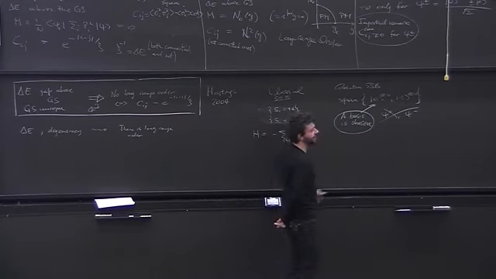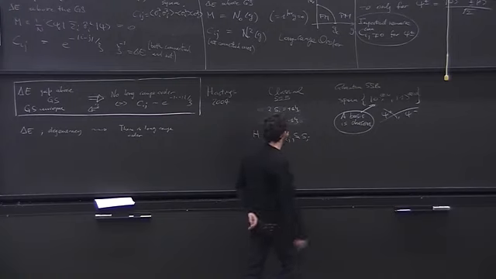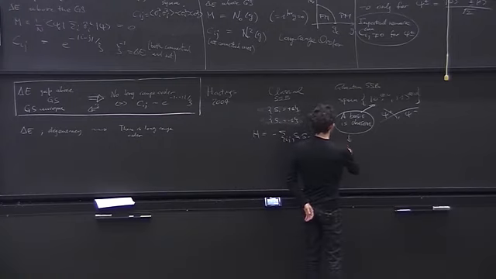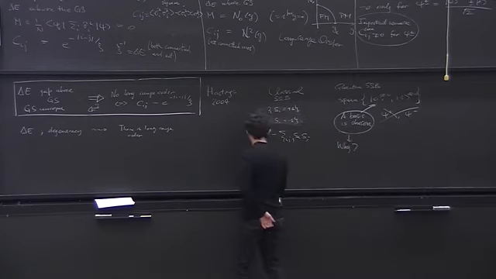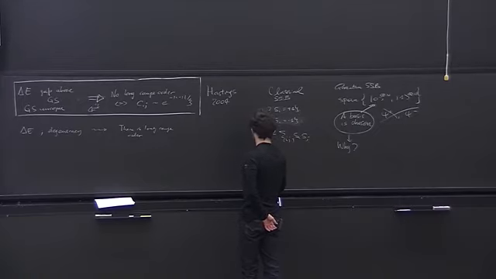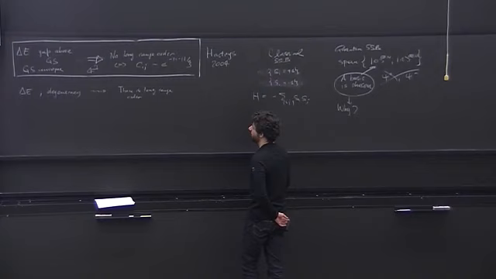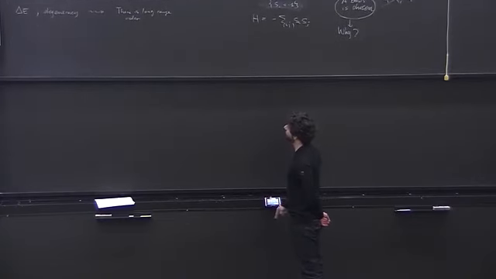But so far, I'm just saying this, right? I'm not giving any explanation. I'm just saying a basis is chosen. So we want to understand this. So why? And so this argument can be made in many ways. And the most famous way is the decoherence.